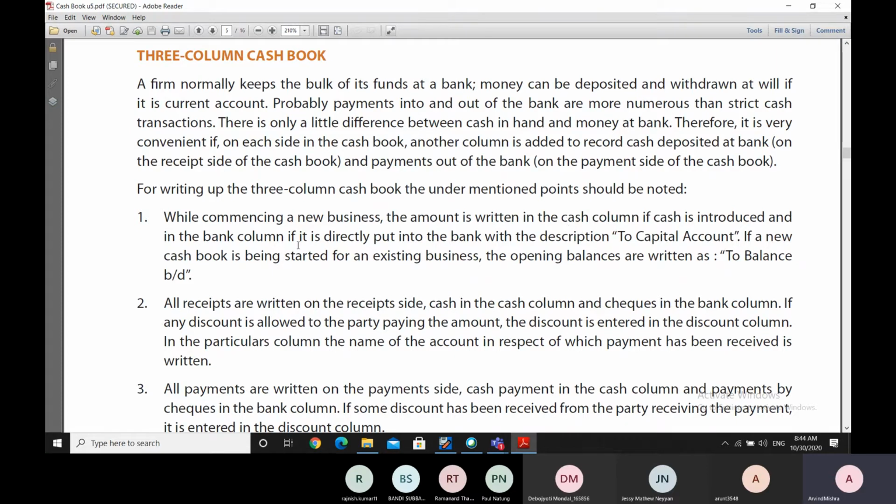And if the cash is directly paid into the bank, then we write it directly into the bank column with the description to capital account, because that is a capital introduction into the business. Similarly, if a new cash book is being started for an existing business, the opening balances are written there also as balance brought down.